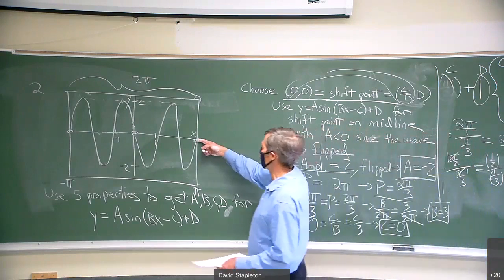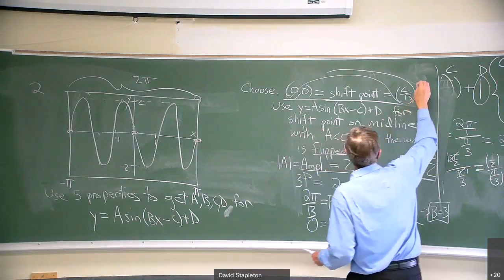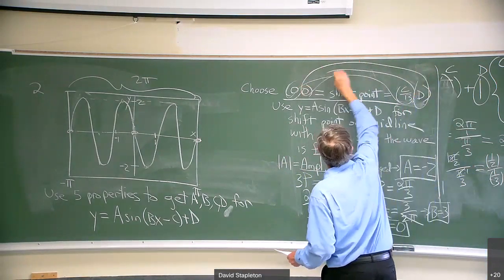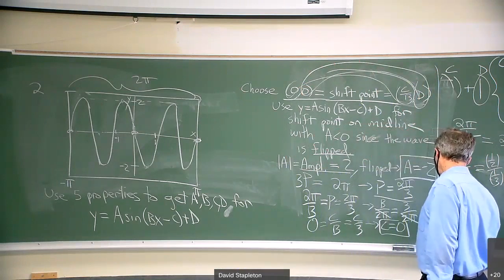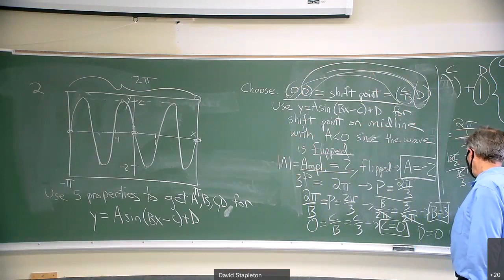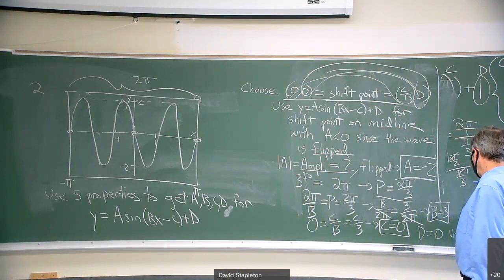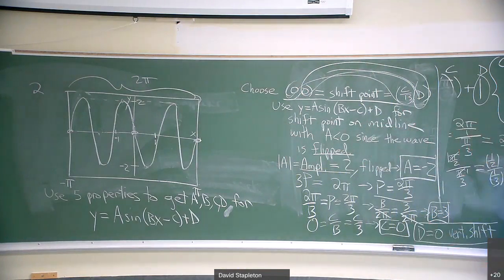The midline is right at 0. And we look at it from the shift point. D equals 0 from the shift point. And I've got it. I start with my properties from the graph and deduce my 4 letters.